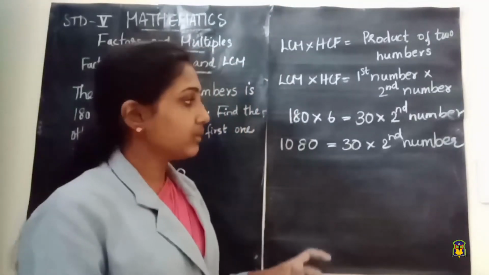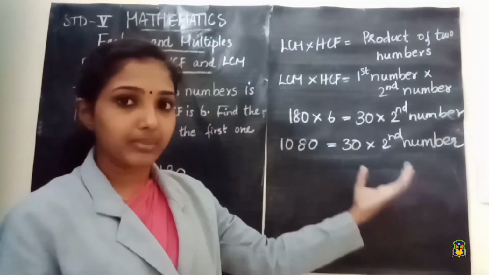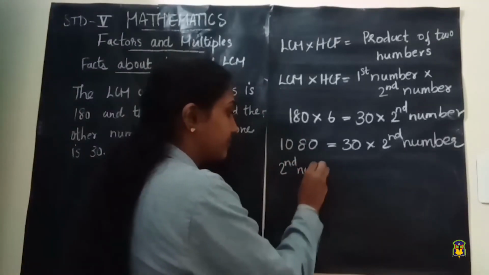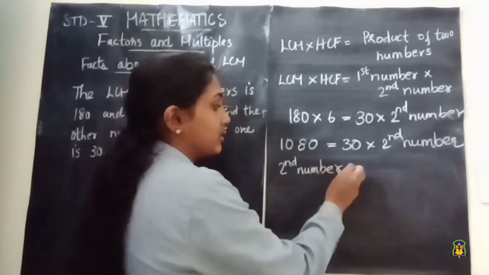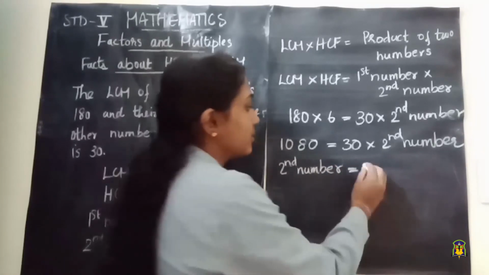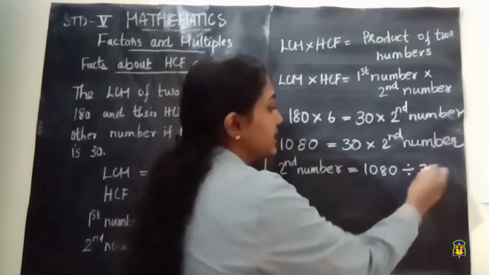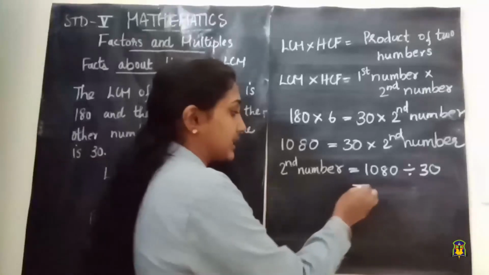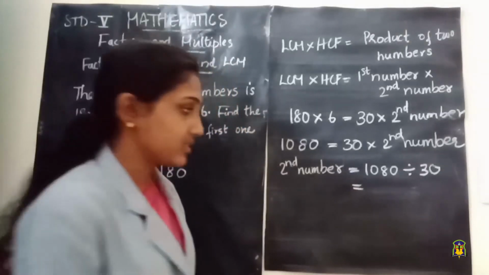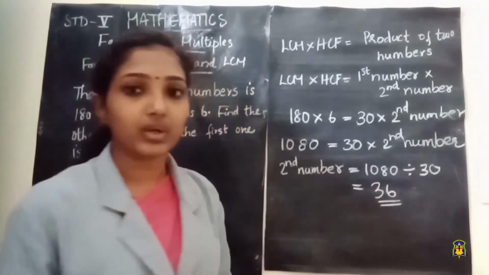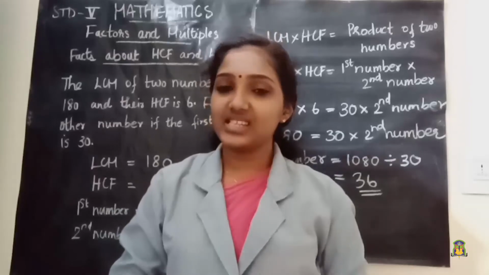Then we have to find out the second number. So the second number is equal to 1080 divided by 30. To get the second number, we divide, and after division we get the answer as 36. Okay, hope you all understood today's class. Thank you.